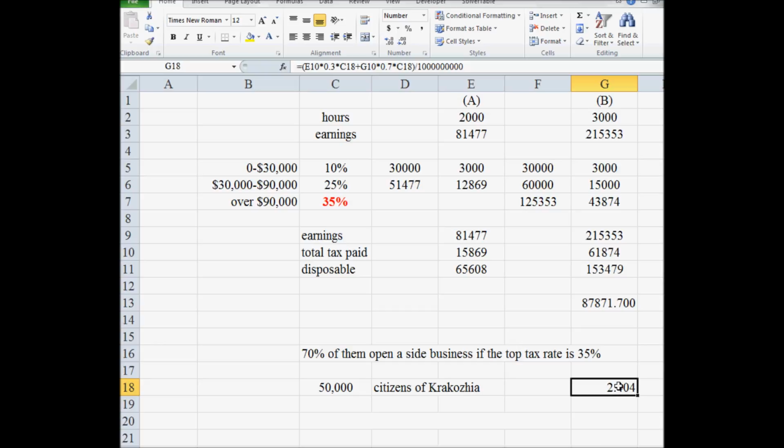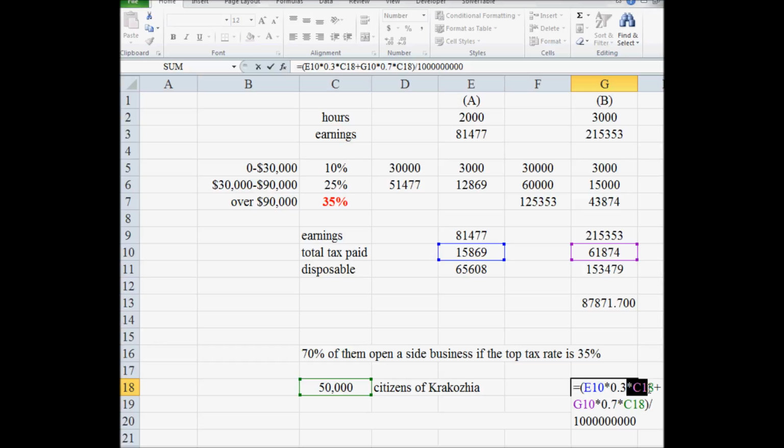Now, how did I get that? I took the amount of taxes a person pays in scenario A, those who do not open the side business. I multiply that by 0.3, the 30% of citizens who aren't going to open the business. And then I multiplied that by the number of citizens in Krakosia. And then I added that to the amount of taxes the 70% of the 50,000 citizens in Krakosia would pay when they open the side business.